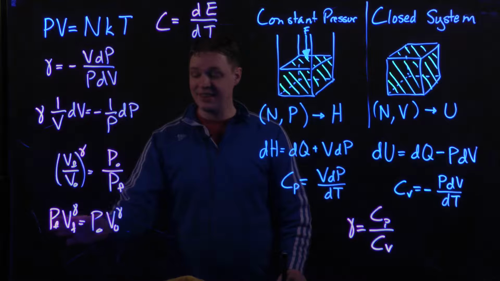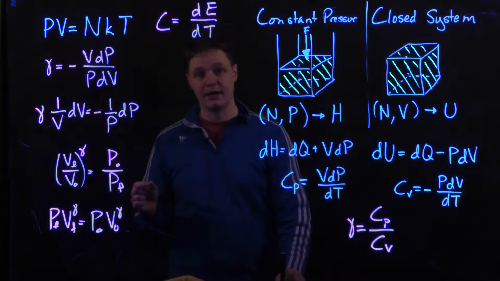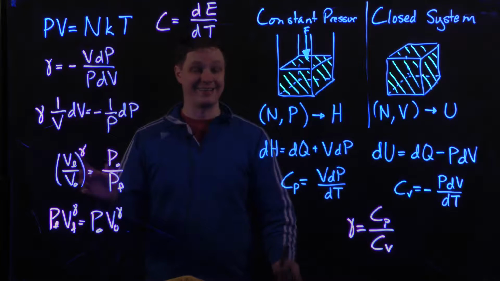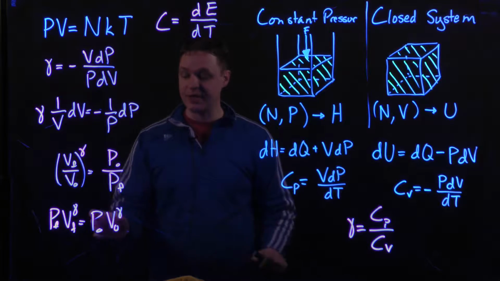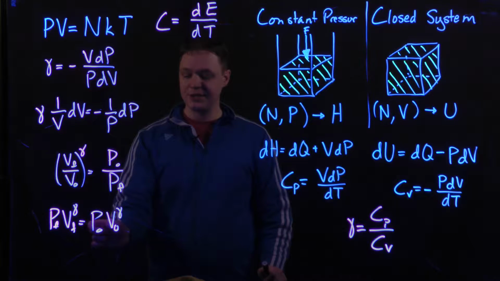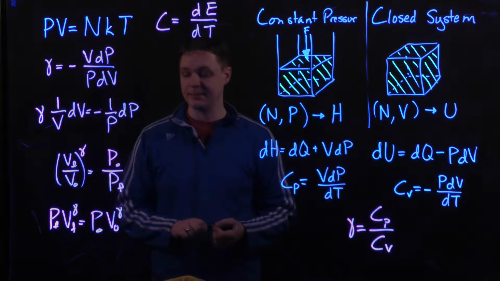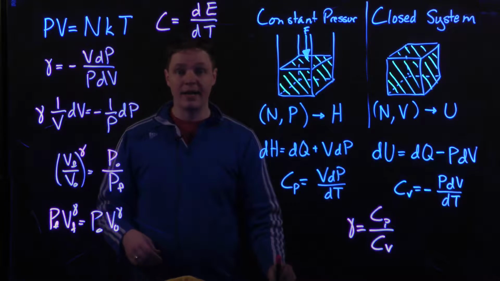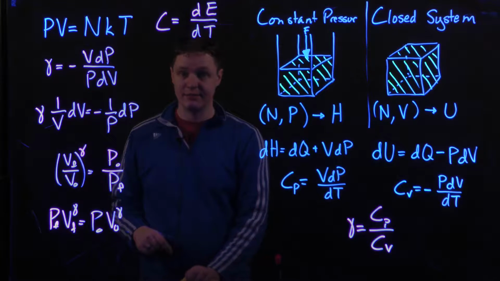This tells me that this product has to be a constant for the system at constant entropy, or at constant, there is that word that I was dancing around. For a system that doesn't exchange any heat with its environment, this ratio, PV to the gamma, has to remain constant for the system.